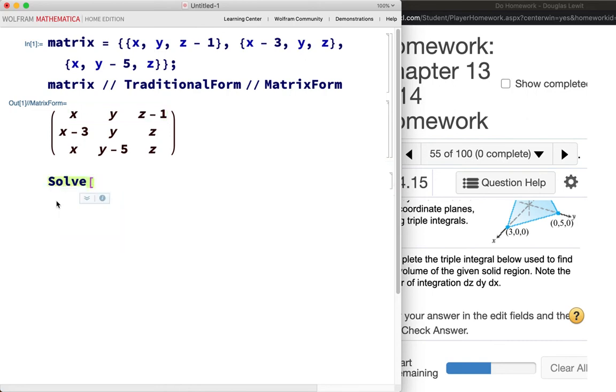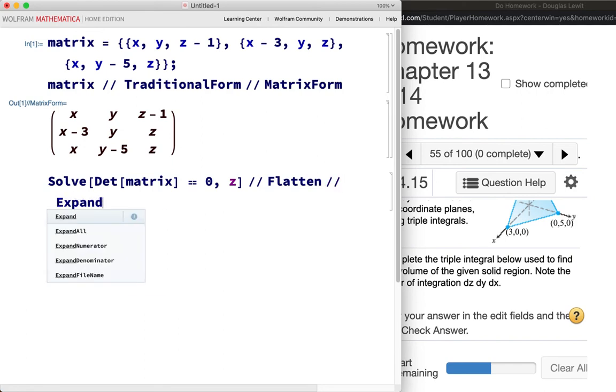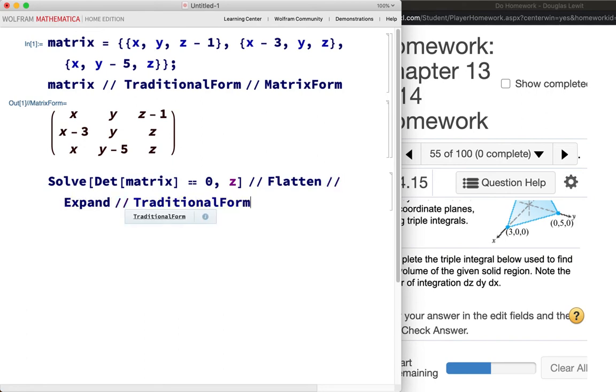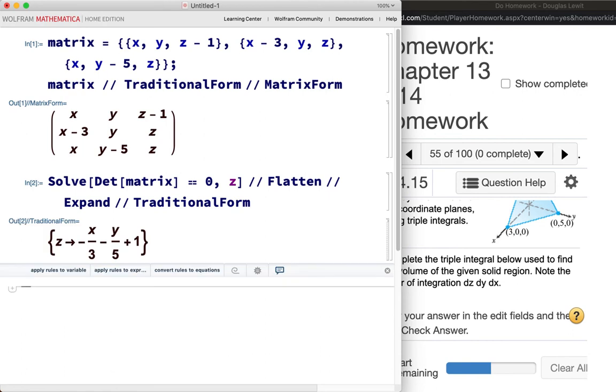So let's solve this. The determinant of the matrix equal to 0. Let's solve it for z, and let's expand it. Traditional form. Then we can see the upper z limit. We know that the lower z limit has to be 0, and the upper z limit is going to be negative x over 3 minus y over 5 plus 1.